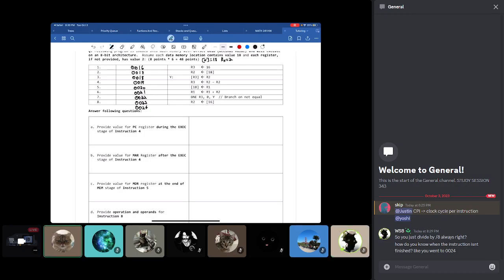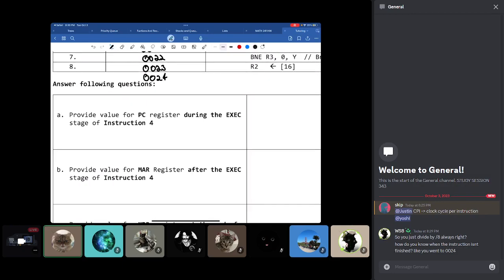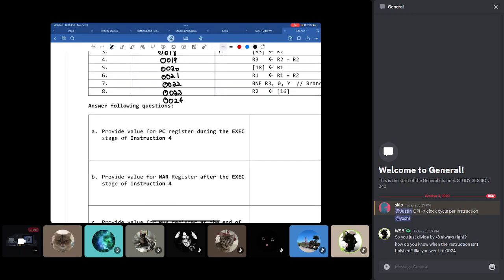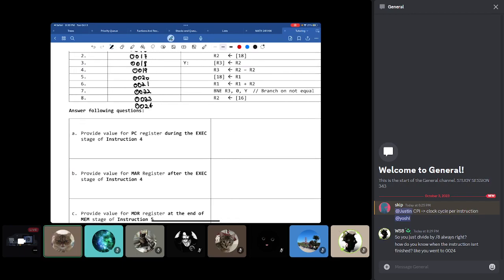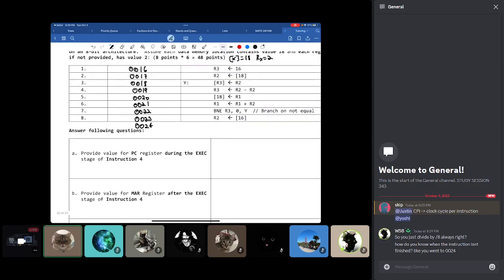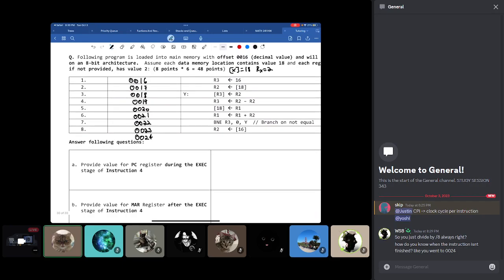So from there, it says provide the value for the PC register during the exec stage of instruction 4, right? So we're in the exec stage. That means that we've already done the fetch stage. So this is kind of the same thing as saying at the end of the fetch stage, right? Depending on the instruction. If it's a branch, that might be a bit different.